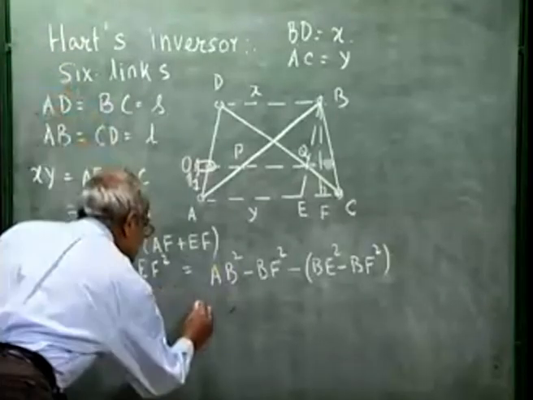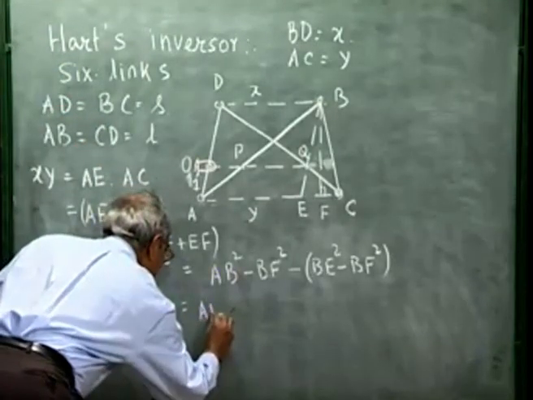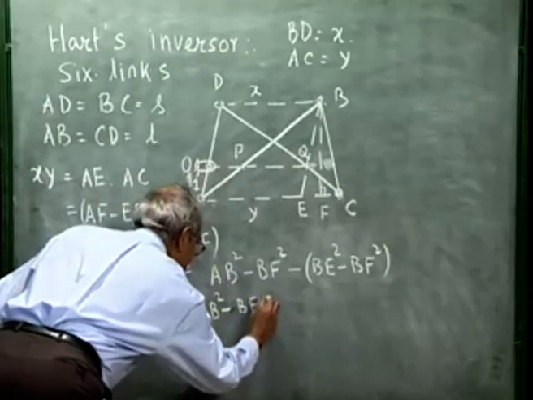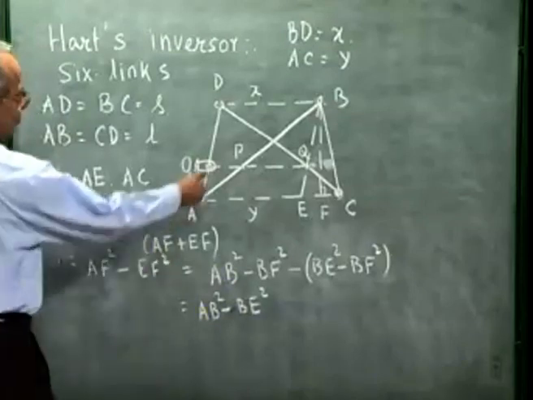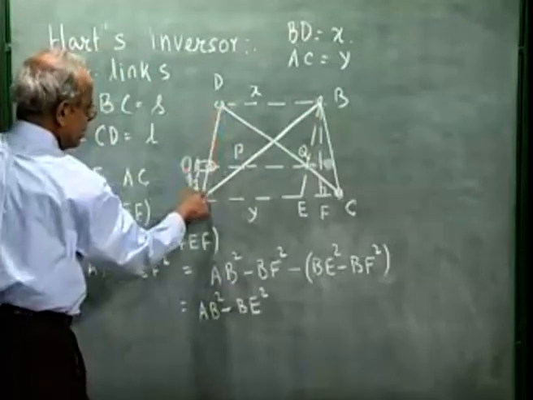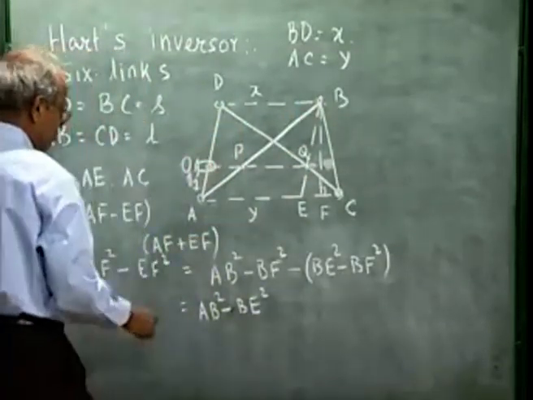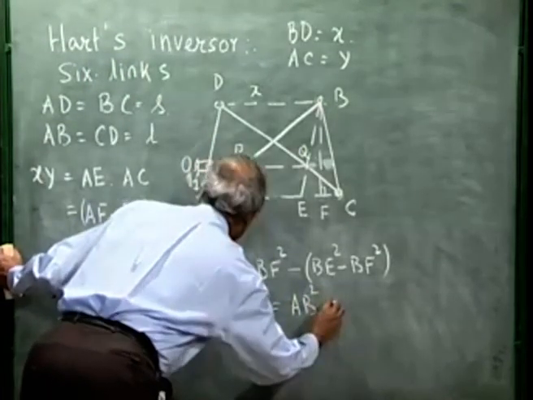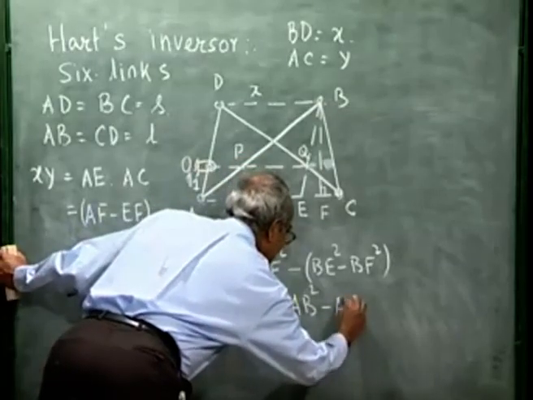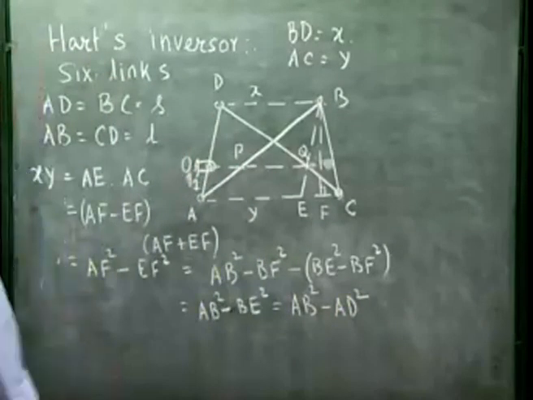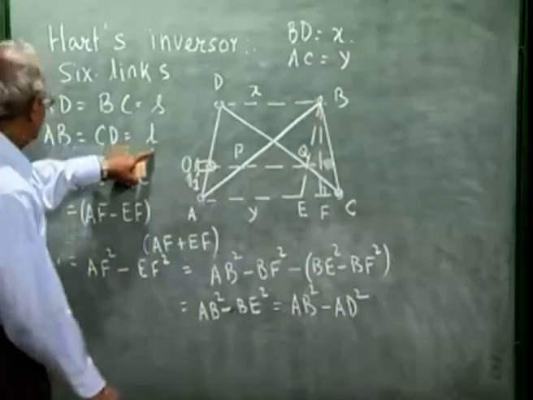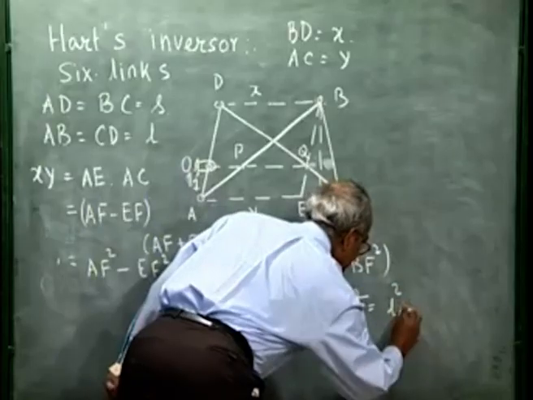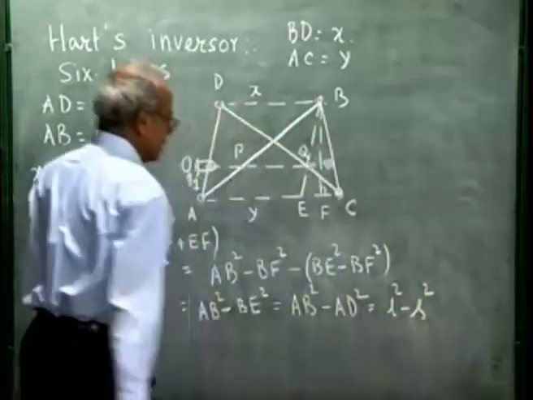So BF squared cancels, we get AB squared minus BE squared. And BE is the same as AD, because this figure is a parallelogram, so I can write AB squared minus AD squared. Now AB I called L and AD I called S, which are link lengths. So however the figure is deformed, they never change.